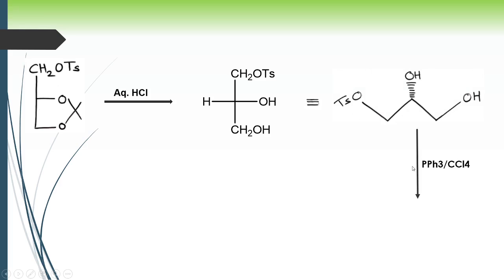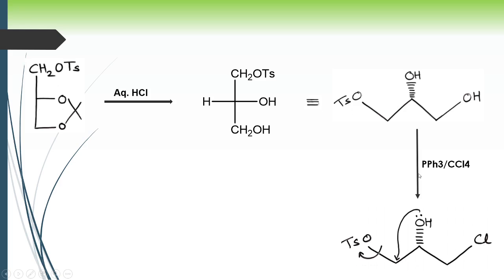Then here we write the PPh3. This is triphenyl phosphine and carbon tetrachloride. It converts alcohol into alkyl chloride. So here is the conversion of this OH into the Cl. This is the Appel reaction.